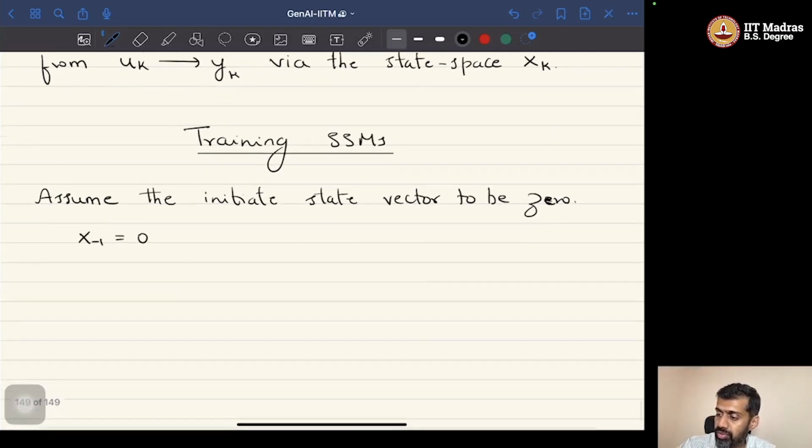Now then with this, unrolling the state space model leads to the following recurrence.